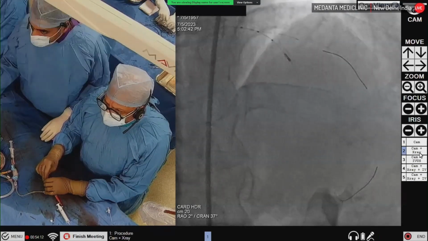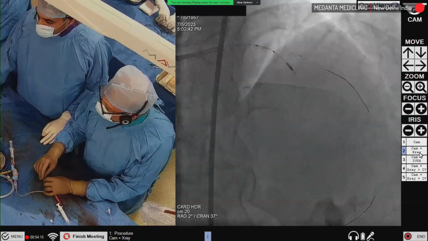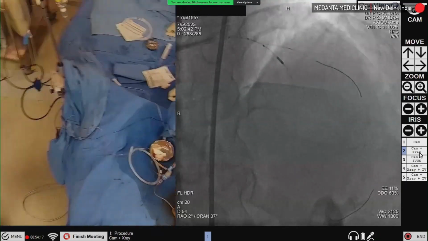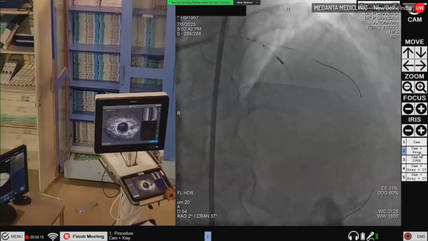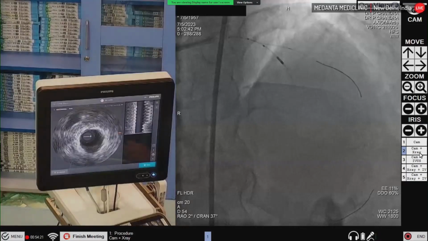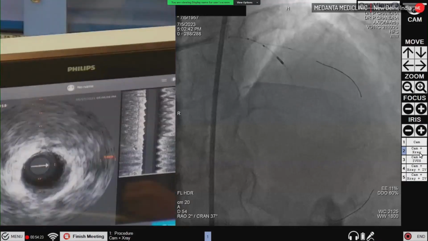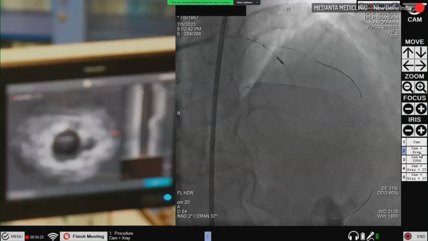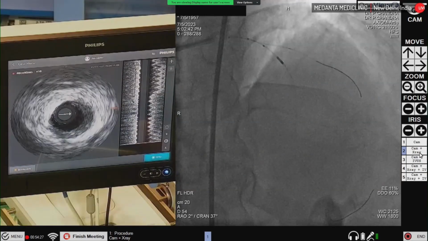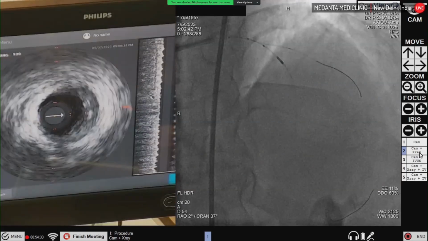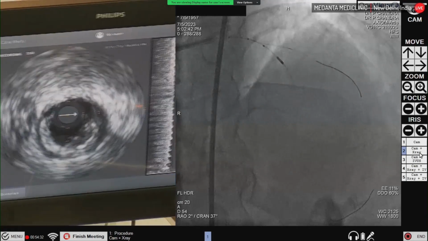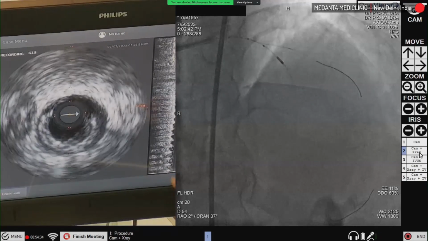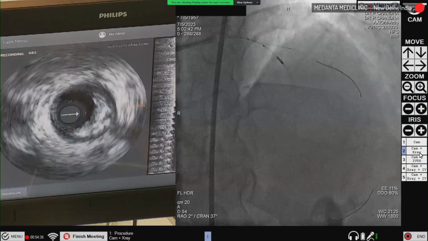Okay. So we have the IVUS pictures now. This looks okay. The lumen looks very good actually. Even in this segment, I don't see any major issues. So look at the IVUS pictures. Yeah, there is a dissection on this side.